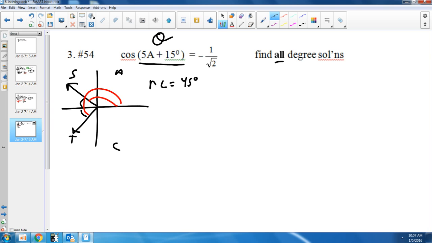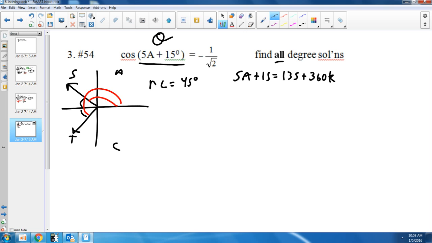Now, watch what I do at this point. Instead of theta being equal to the angle, I'm going to say 5A plus 15 is equal to the angle. So I just write that down. 5A plus 15 is equal to the first angle, which is going to be 180 minus 45, which is 135, plus 360K.